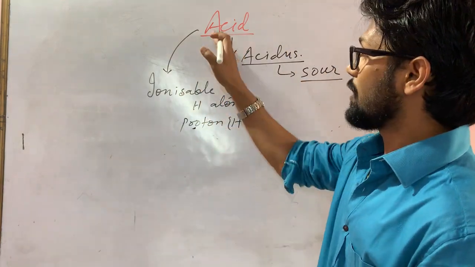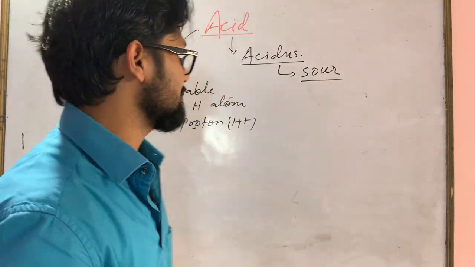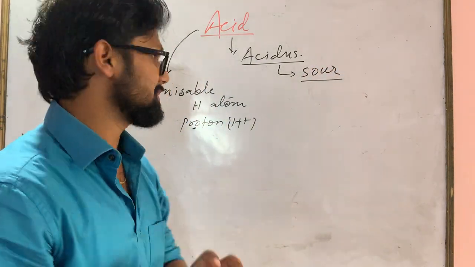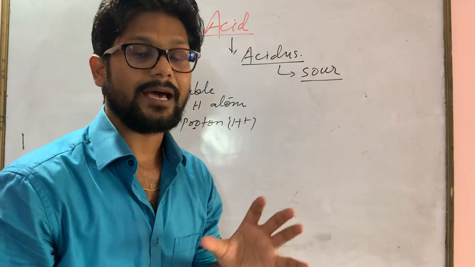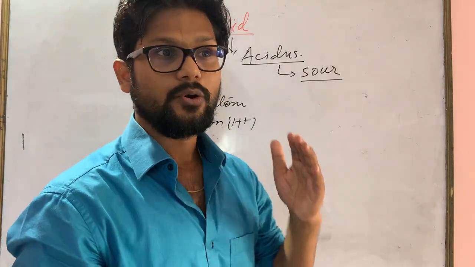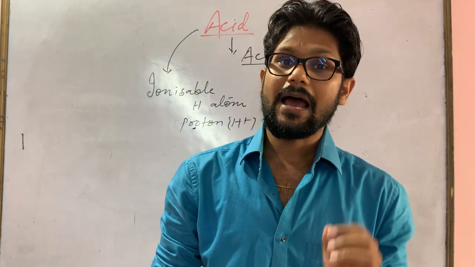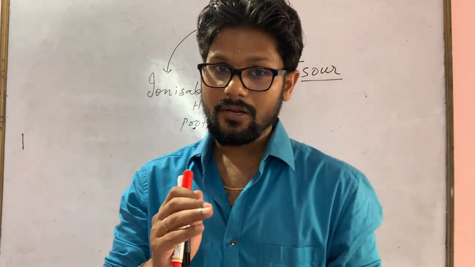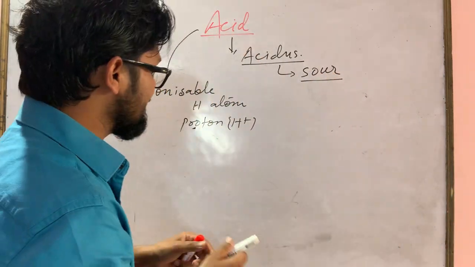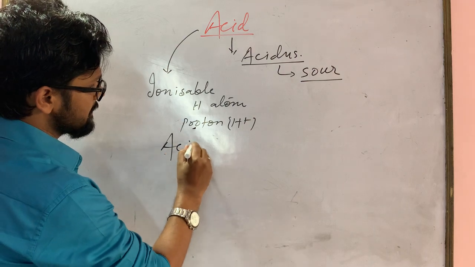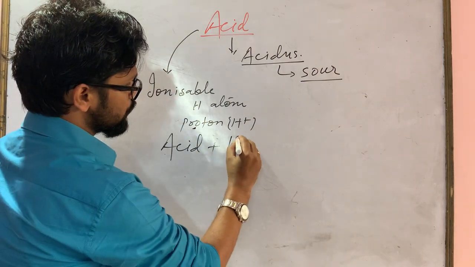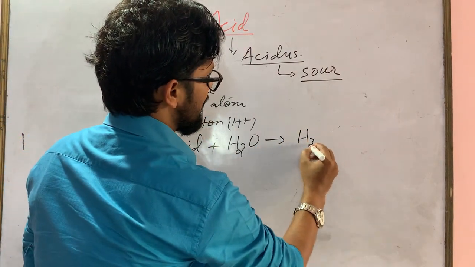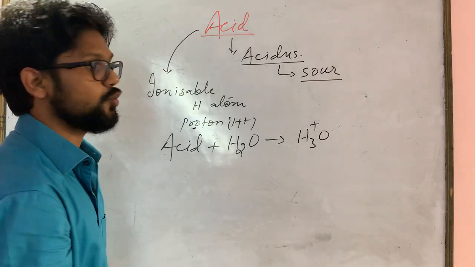So a question can come: what is acid? You can say that acid is a compound which contains ionizable hydrogen atoms, or you can say it contains protons. And when acid is added to water, or when acid reacts with water, it produces hydronium ion, H3O plus ion.